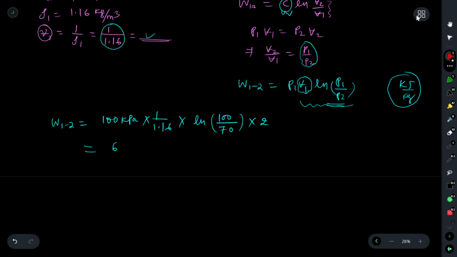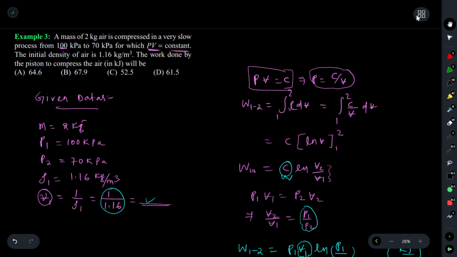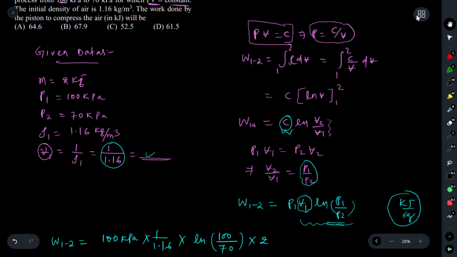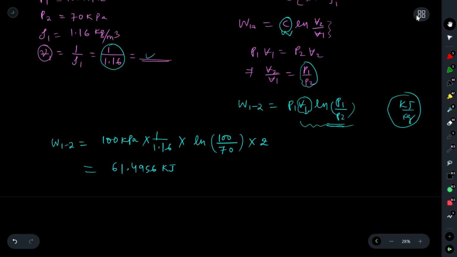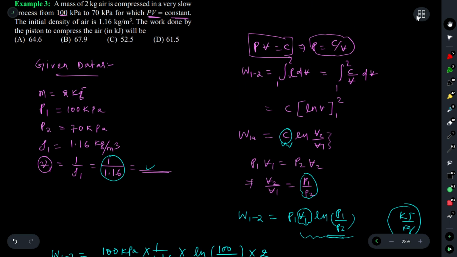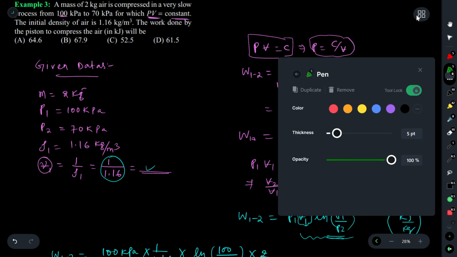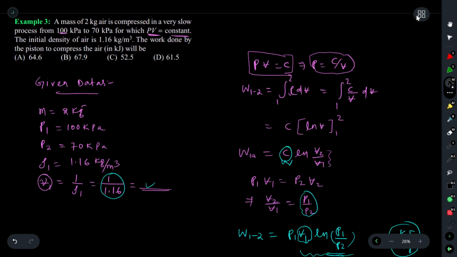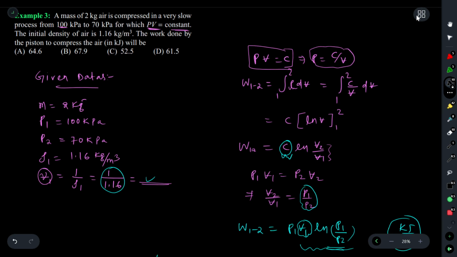So this is 61.4956, and this will be in kilojoule. If we check our options, we will nearly match with option number D. So option number D will be the correct answer for this given question, right?